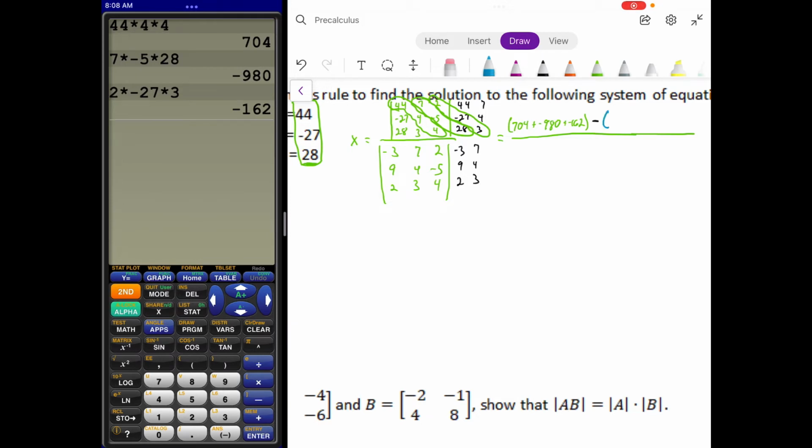So let's see what we have here. We have 2 times 4 times 28, 224, plus 3 times negative 5 times 44.